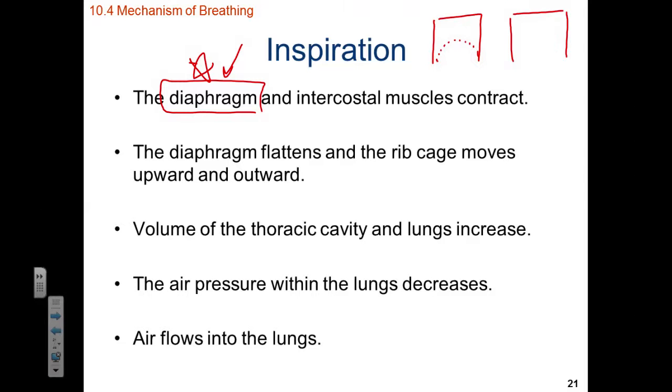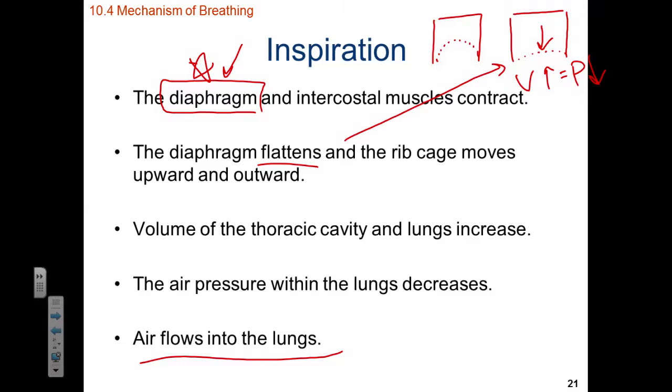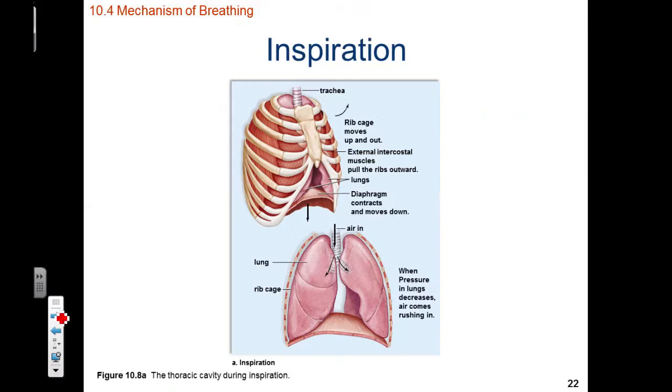But as the diaphragm contracts, it's flattened out and it goes down. And as that diaphragm flattens out and is lowered down, this is going to cause the volume within the thoracic cavity to increase. That increase in volume is going to cause a decrease in pressure, and as that pressure is going down, that's going to cause air to flow into the lungs.